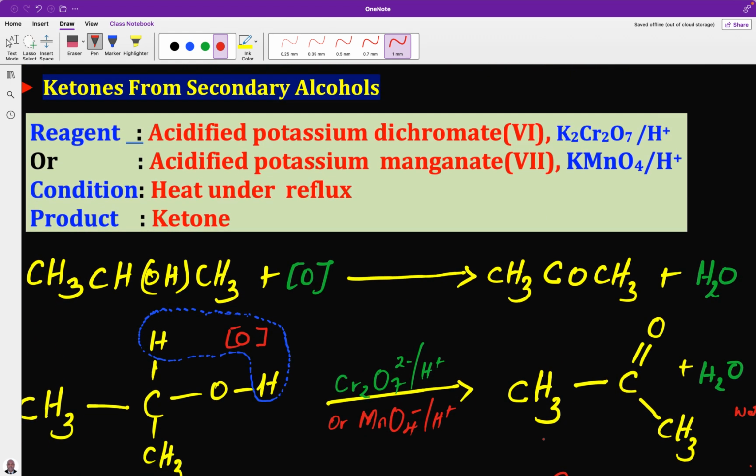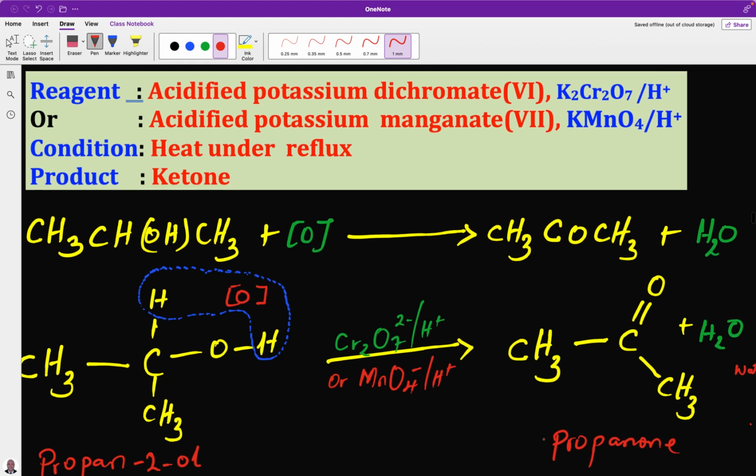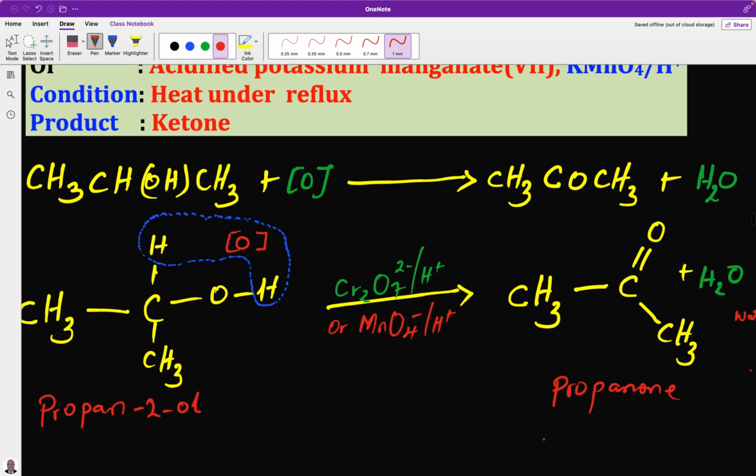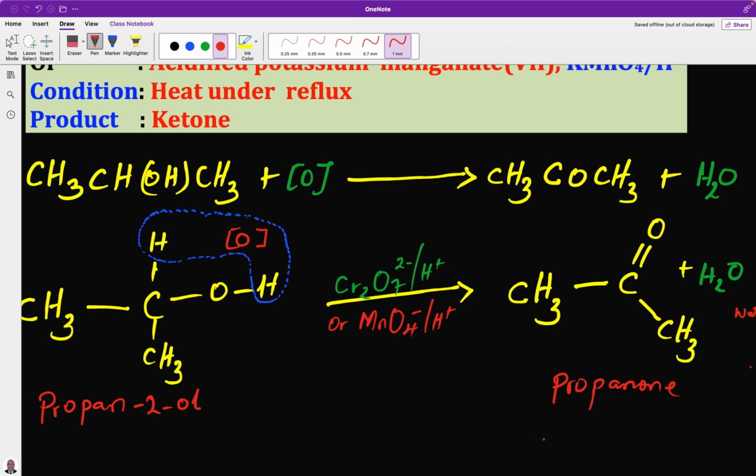We use the same reagent. Any of the reagents could be used, and heated under reflux. Using our example of propan-2-ol, we had propanone and a molecule of water that was eliminated.